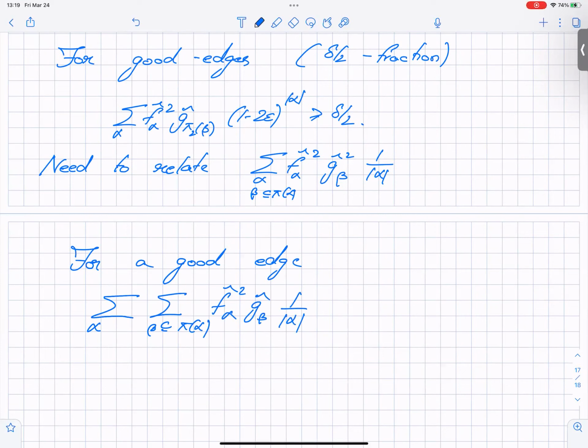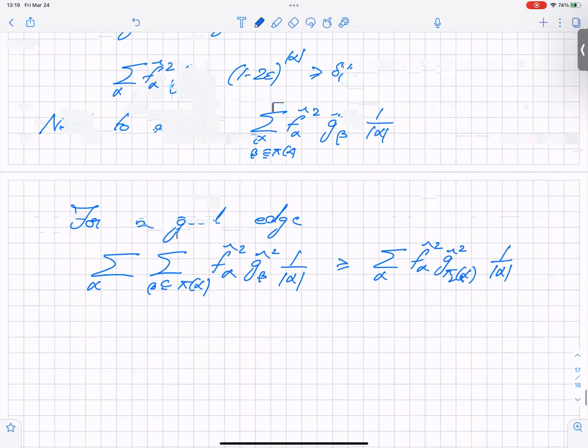This is at least summation alpha, f hat square alpha, g hat square pi 2 alpha, 1 over alpha, because pi 2 alpha is one of these sets. So what is pi 2 alpha? Pi 2 alpha is you summed the pre-images, and if the sum was odd, you put a 1. This is one of the subsets of this pair.